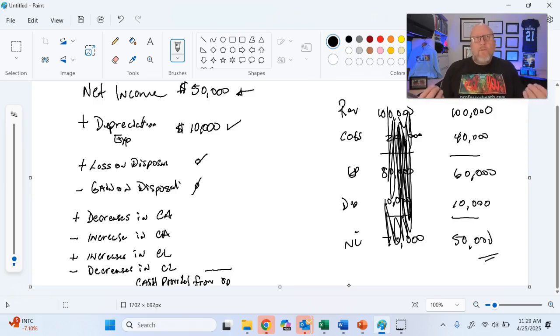So over here, the real income, cash income, I should say, I really earned 60,000 in cash because this $10,000 deduction was a non-cash transaction. And remember, I'm trying to reconcile cash from running my business. So that's definitely step one.